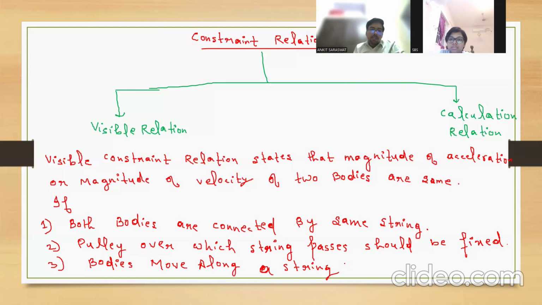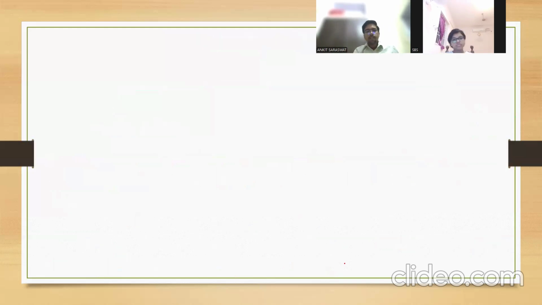So there are three conditions. First, bodies should be connected by the same string. Second, the pulley should be fixed; it should not be movable. Third, the body should move along a string. If these three conditions are valid, then we can say the magnitude of acceleration or velocity of two bodies are the same. Meaning is that, for example, look at these two blocks.